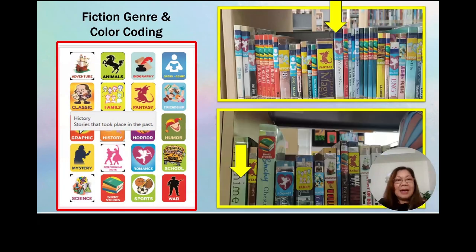Another aspect of supporting the academics in terms of the inclusive learning space, specifically in the library, is the fiction genre and the color coding. This came from a realization when we experienced a good number of students coming to the library, and they keep on asking, can you recommend a book with this specific genre?